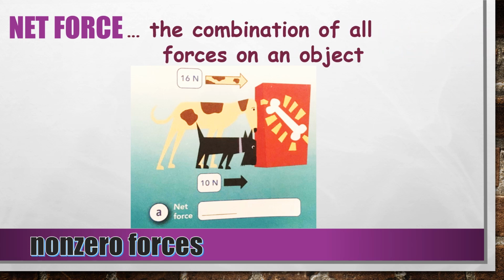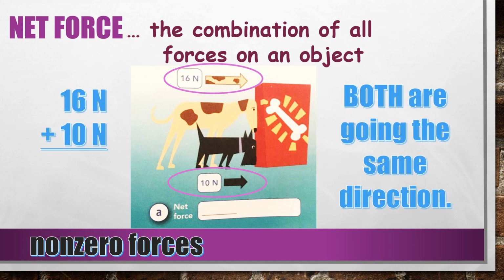So when I talk about net force, I need to combine the forces and know if that combining means adding or subtracting, depending on which way the forces are going. In this case, they're both going in the same direction. If they're both going in the same direction, then I'm going to add them together. Basic math. 16 plus 10 gives me 26 newtons.